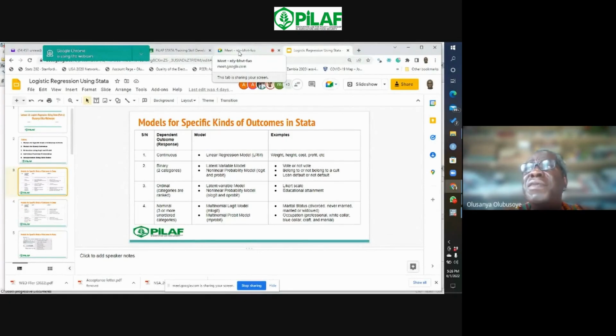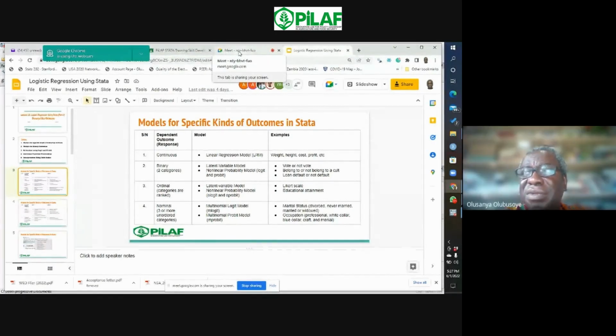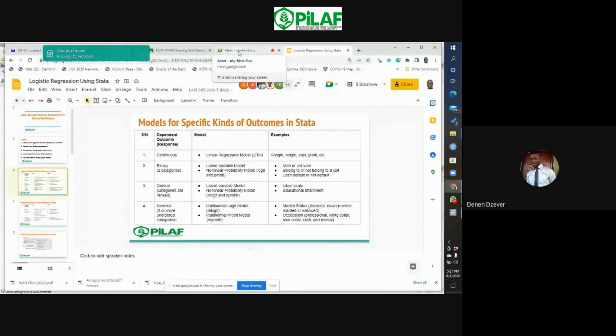So for marital status, you can choose your reference to be unmarried. The first dummy will then represent married, and the second one could represent the third level.